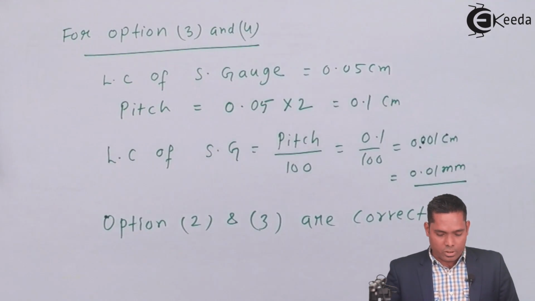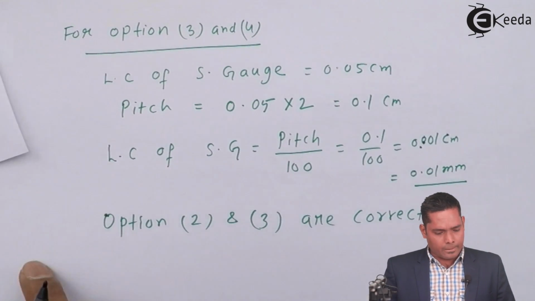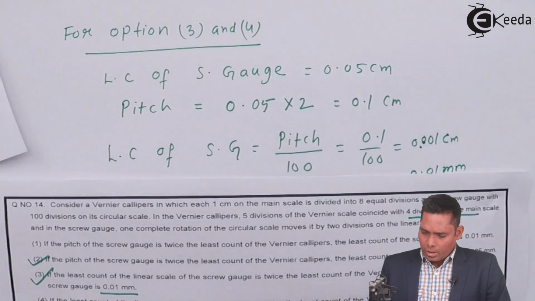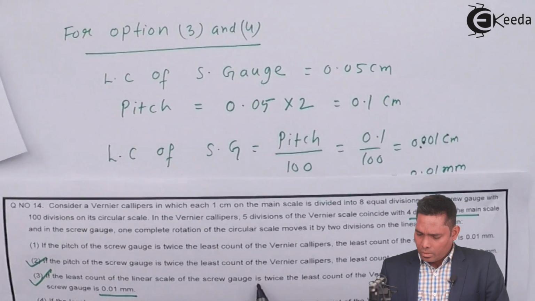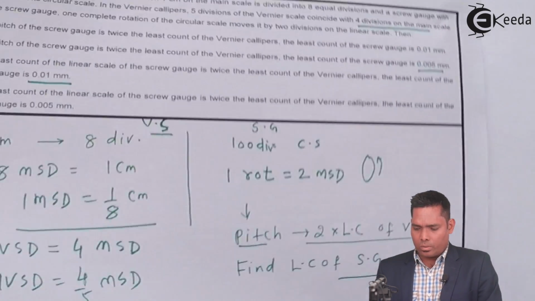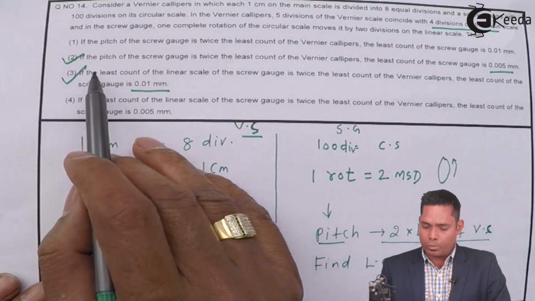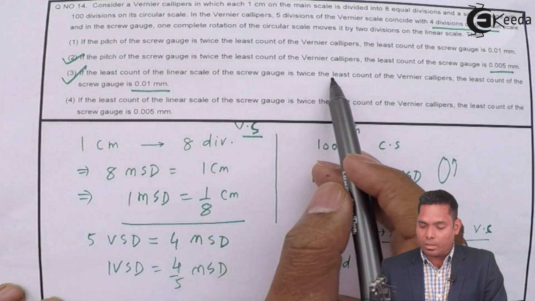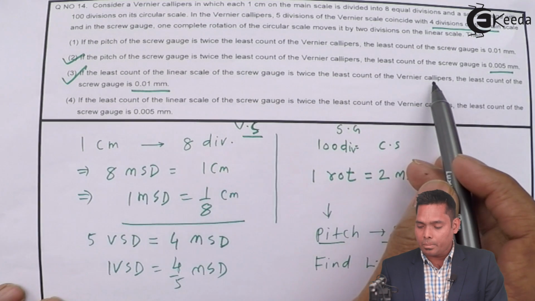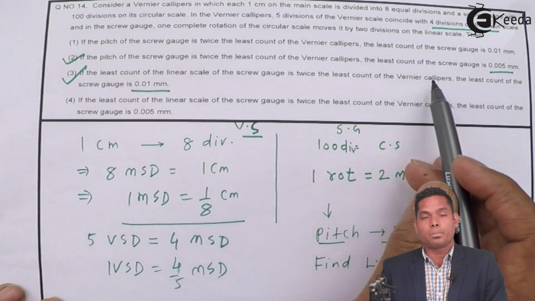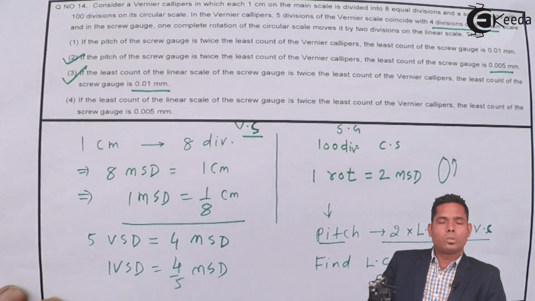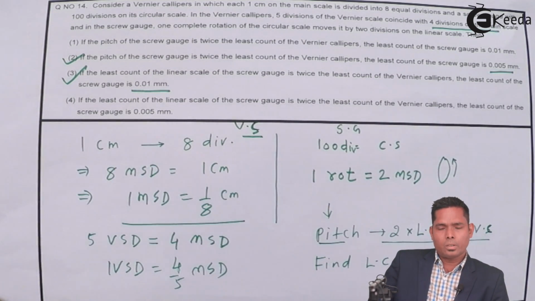So our answer to this question is that option number 2 as well as 3 are correct. Let me tell you one more thing about the second one. If the least count of the linear scale of the screw gauge is twice the least count of vernier calipers, the least count of vernier calipers was 0.025, twice is 0.05.